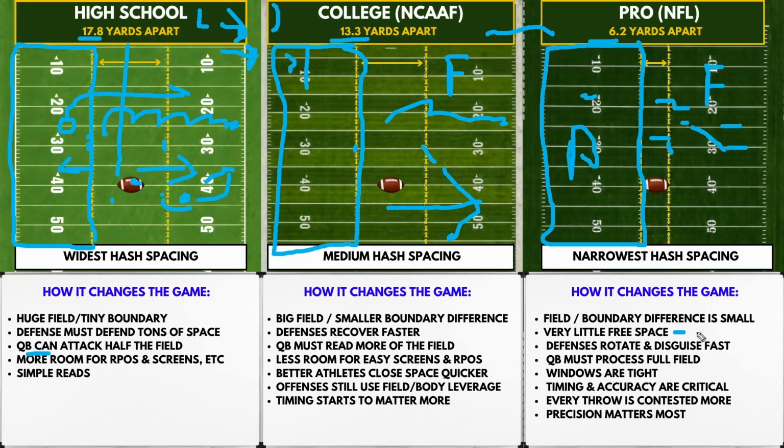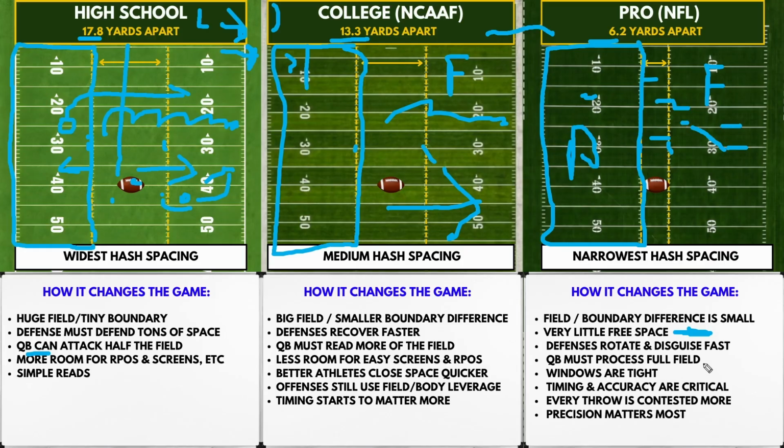So there's very little free space because these fields will be nearly even all the time. A 6-yard difference in width will change where the ball will be spotted. So there's not a whole lot of free space or free grass that you can use to manipulate.